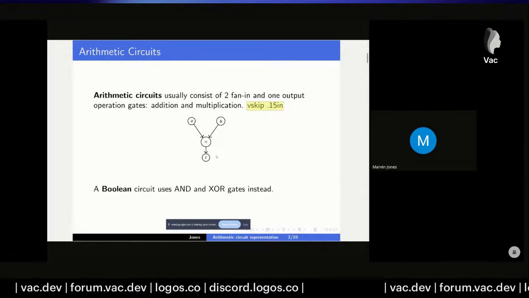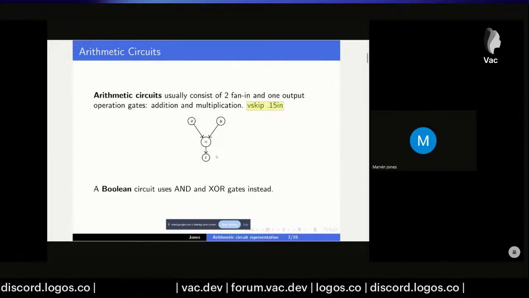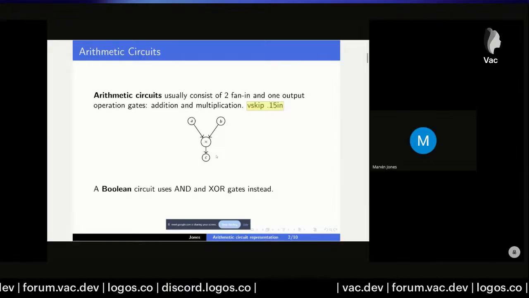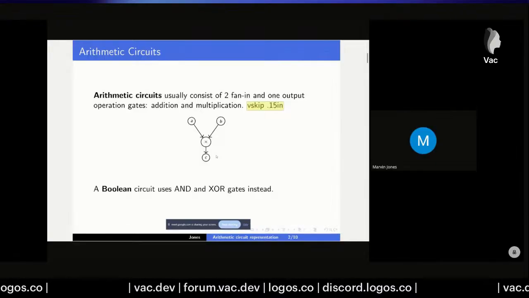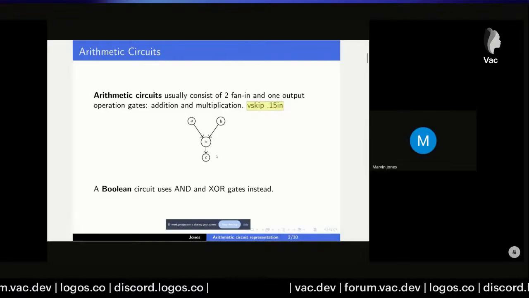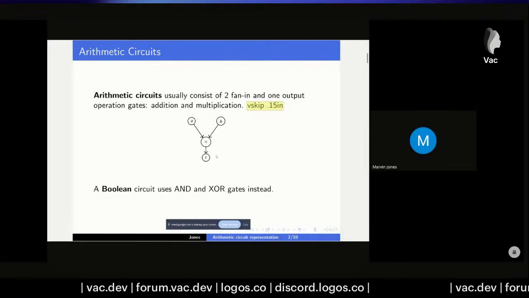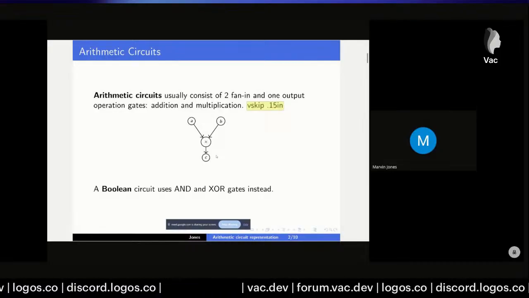Some earlier ones dealt with Boolean circuits, which would use AND and XOR gates. Some examples of that would be like ZK Boo. I believe the original Pinocchio paper actually talked about Boolean circuits a bit, but I'm a little hesitant to say on that one right off the top of my head. But certainly ZK Boo, because ZK Boolean is what it's actually short for.